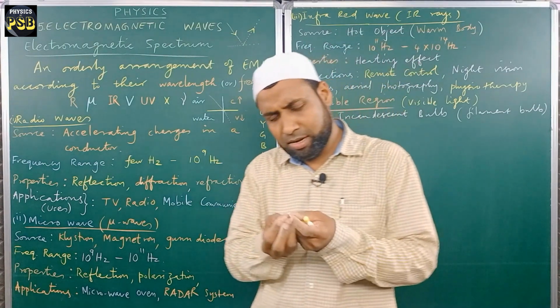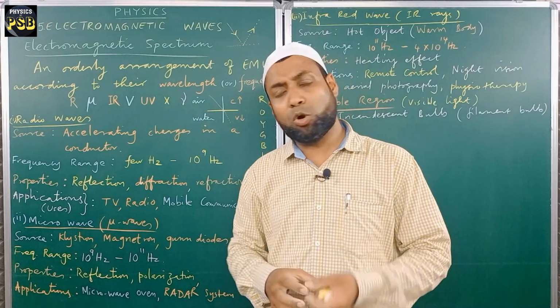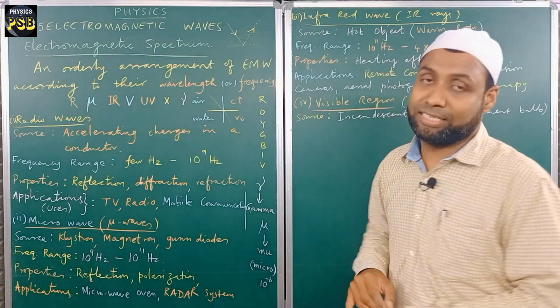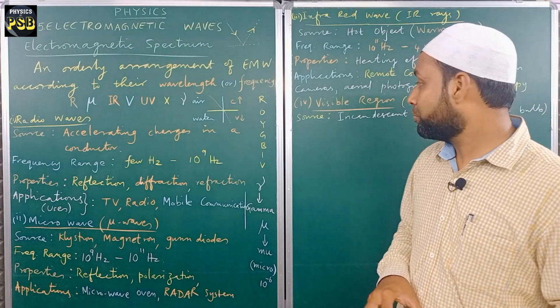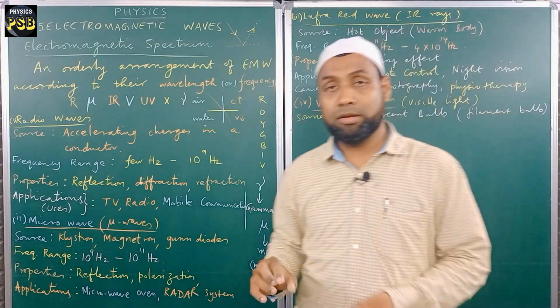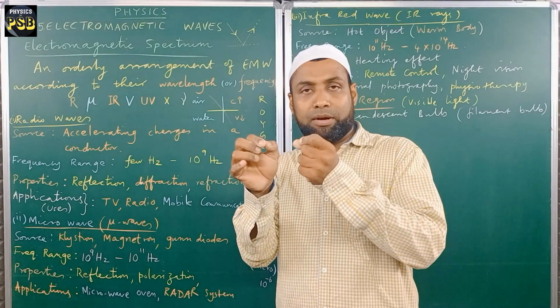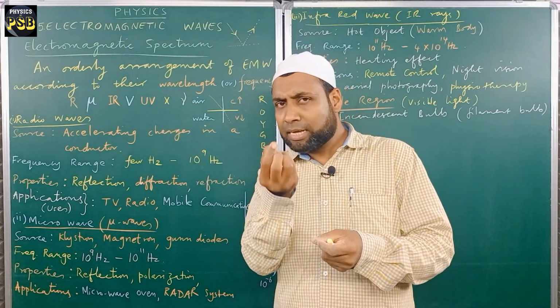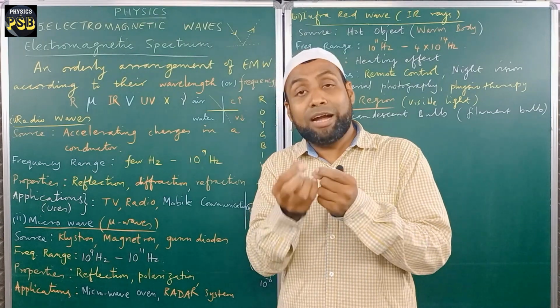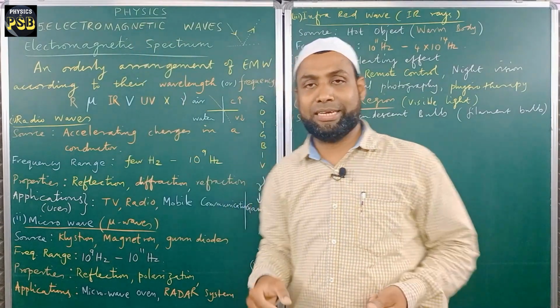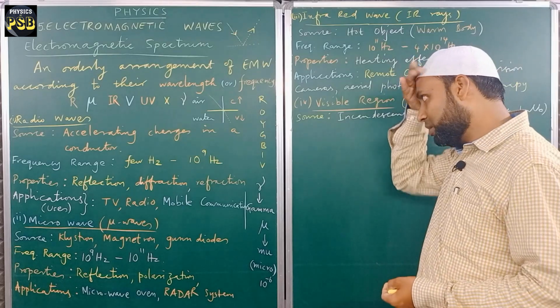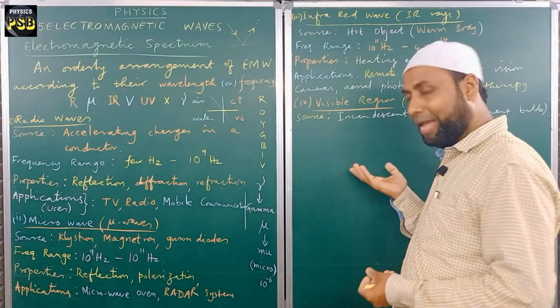If you heat an object, it emits light. This phenomenon or process is referred to as incandescence. In a filament bulb, there is a tungsten filament. We pass electric current through it. Due to the heating effect of electric current, the tungsten filament becomes red hot and starts emitting light due to incandescence. Understand?